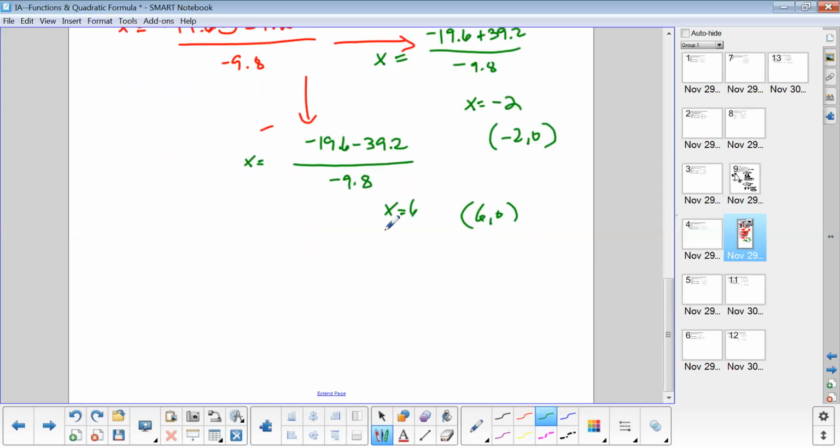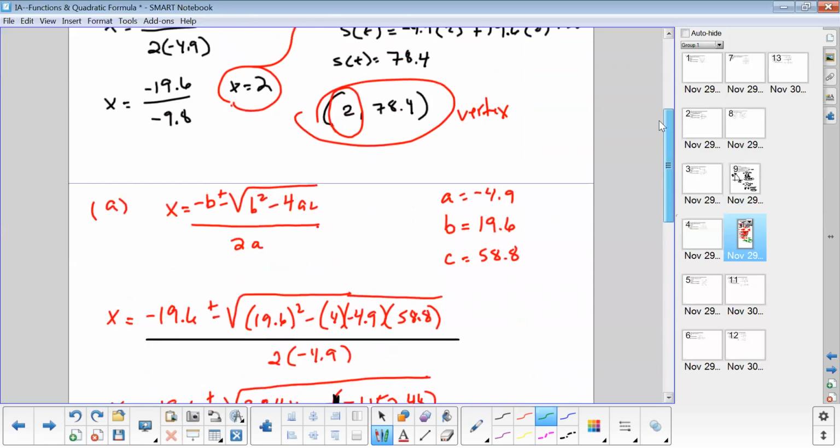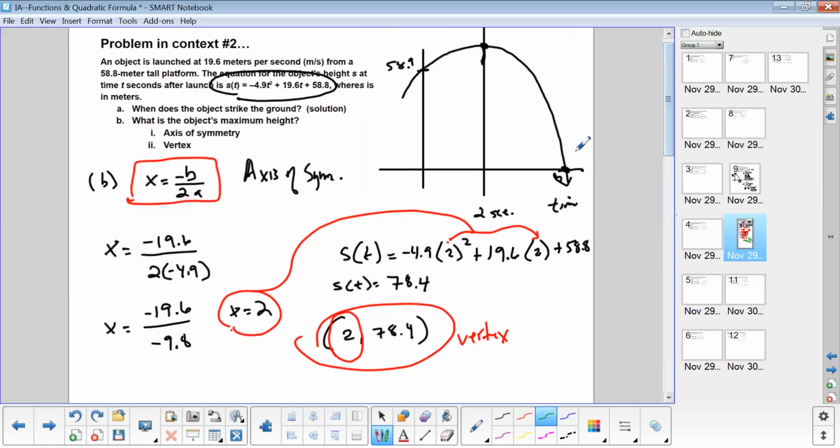So what are the two solutions? They're right here. And what does this mean in context? Well, in context, it meant that right here is where the object hit the water at 6 seconds. This was at 2 seconds, and that just means that way over here is negative 2 seconds, which we don't care about because we're only looking at a positive amount.